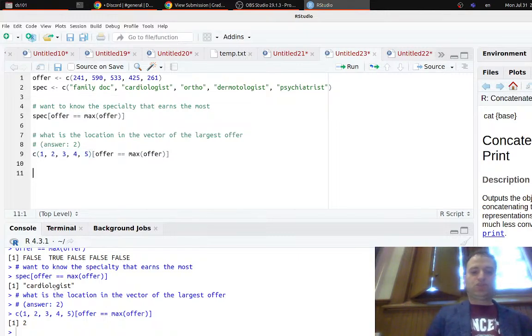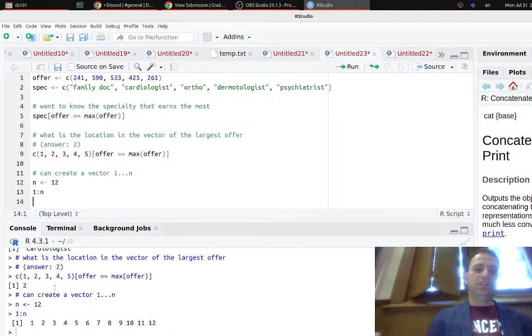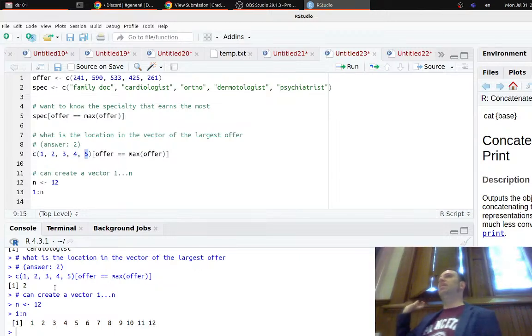You can create a vector like so. If n is equal to, for example, 12, and I say 1 to 12, I'll get the vector 1, 2, 3, 4, 5 up to 12. In my case, what I want is a vector from 1 up to the last possible location in the vector.